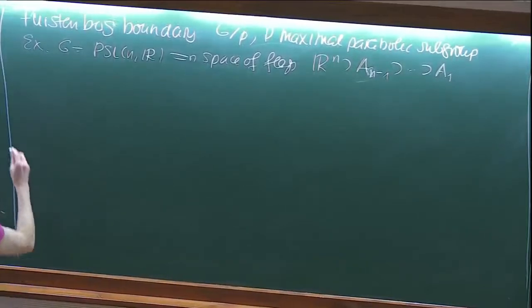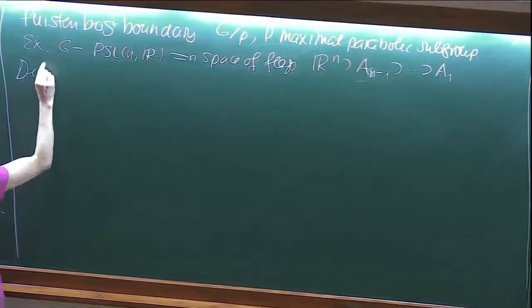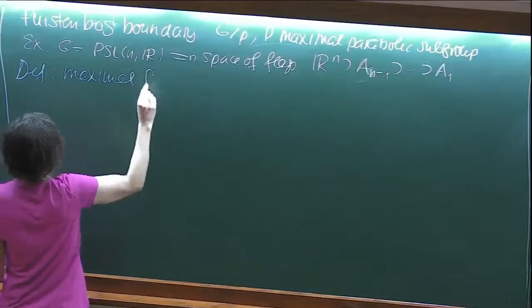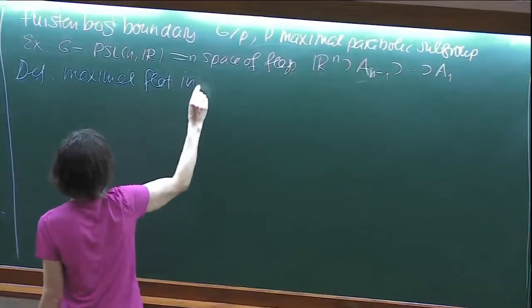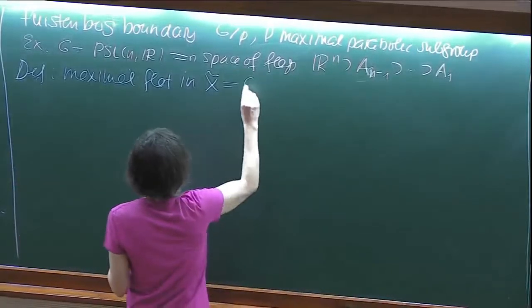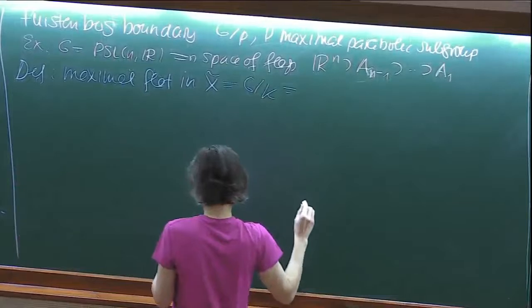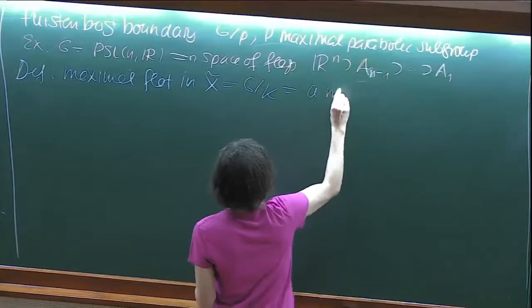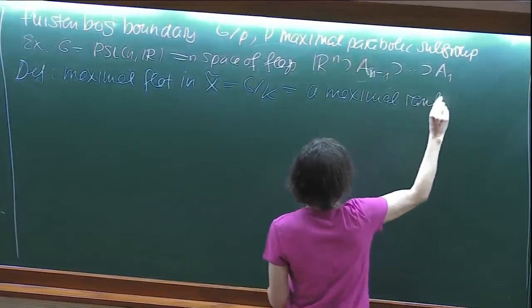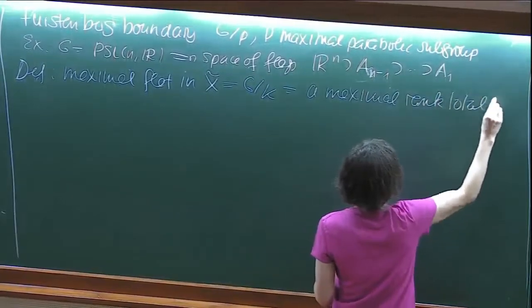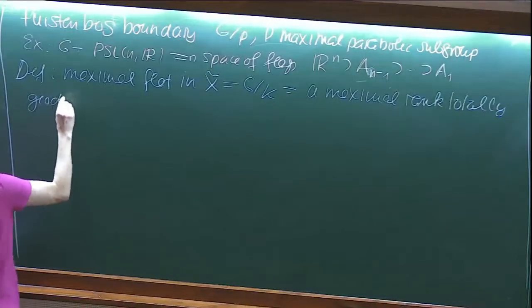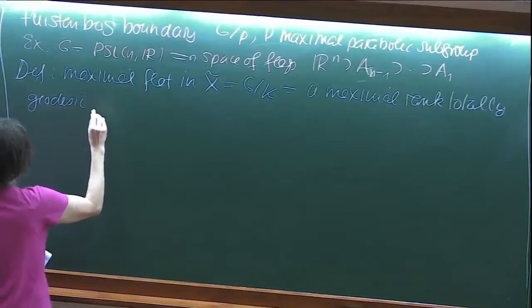So now what is a maximal flat? In the symmetric space X twiddle, this is equal to the maximal rank totally geodesic Euclidean subspace of X twiddle.